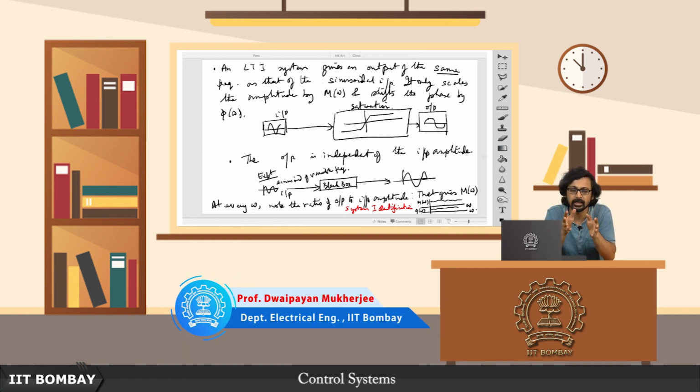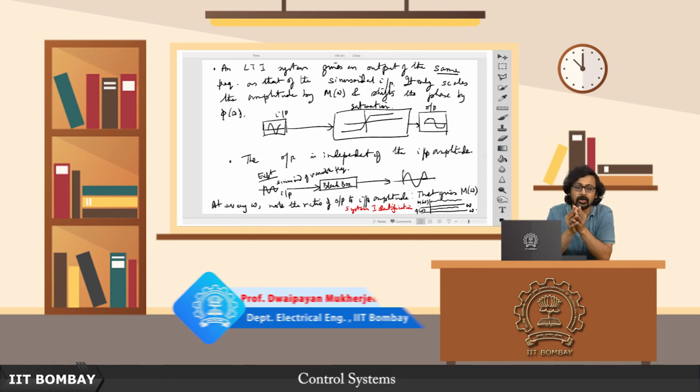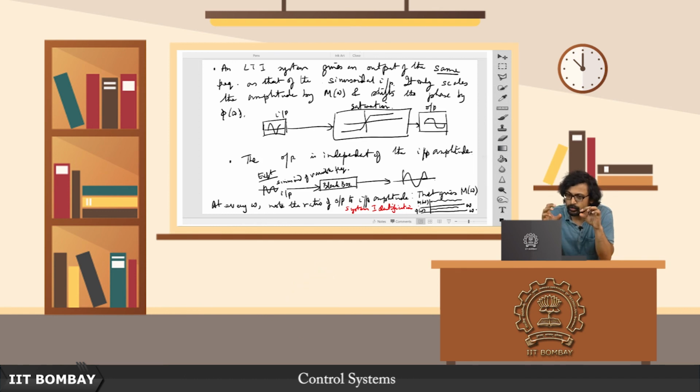Given that you know it is a linear time invariant system, all you do is over your frequency range of interest, apply different sinusoids, look at the scaling of the amplitude, look at the phase shift, plot them, and from these, of course later on when we are done with Bode plots, you will see that from these M of omega and phi of omega plots we can approximate the locations of the poles and zeros of this particular system, okay, but all in good time. So for this lecture up until now, thank you very much.